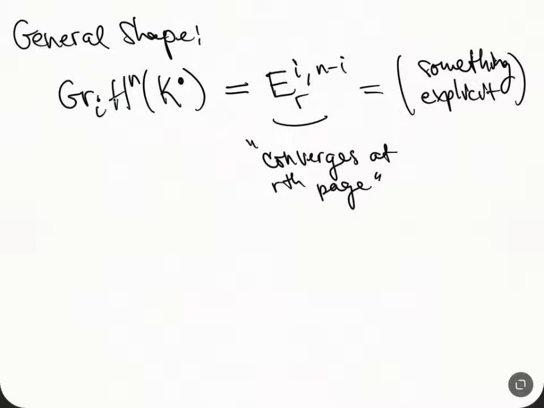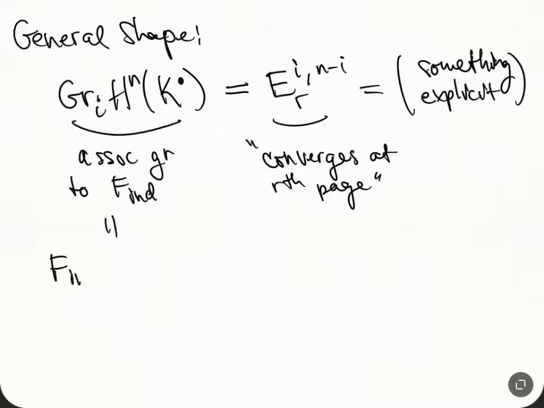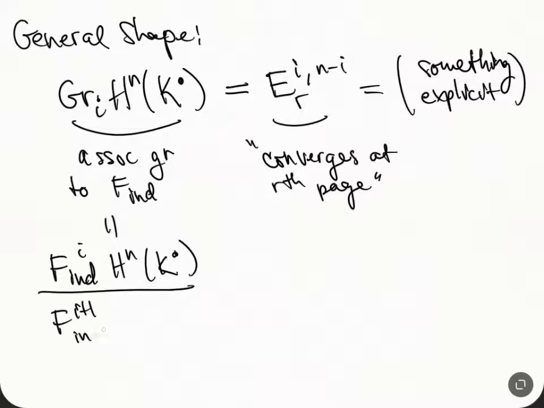Okay, and let me just say what this thing is. This is the associated graded to F induced. And this thing is equal to F induced^i of H^n(K^•) modulo F induced^{i+1} of H^n(K^•).